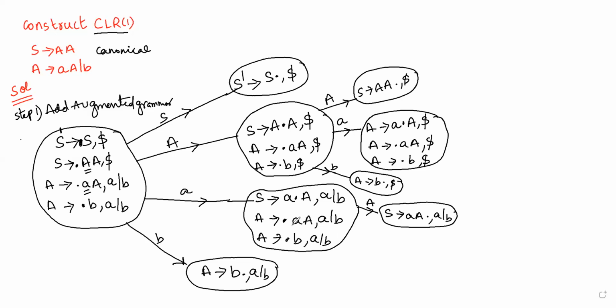So if you see small a, it will become A dot A. So here we are talking about the small a. So now this is called as a CLR. So sorry, here one production is missed. Capital A is missed. Okay.